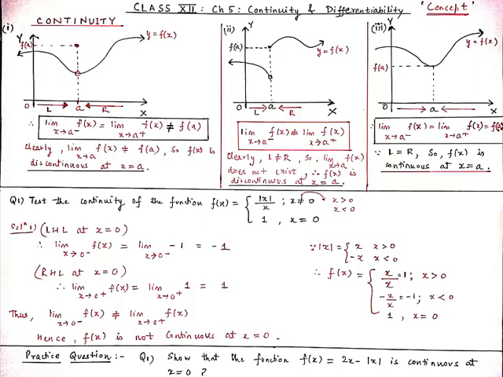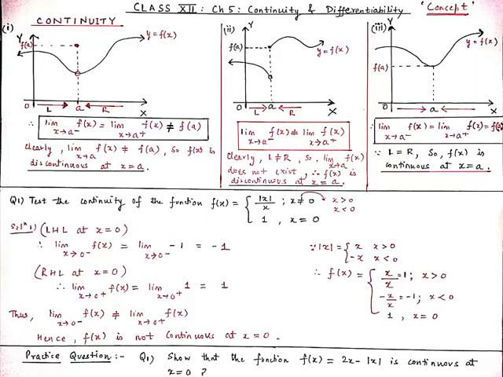The modulus function of x gives us two values: for x greater than 0 it gives us x, and for x less than 0 it gives us minus x. So from here, students, our function f(x) will be equal to x upon x, which is equal to 1 for x greater than 0, and minus x upon x, which is equal to minus 1 for x less than 0, and 1 for x equal to 0.